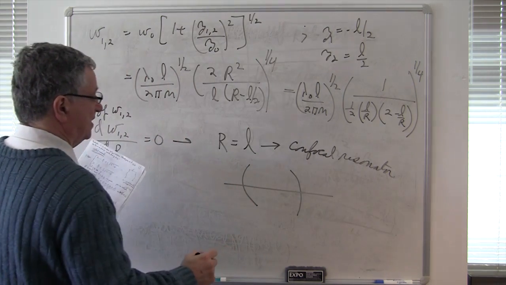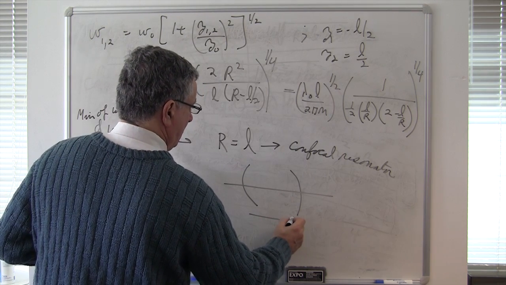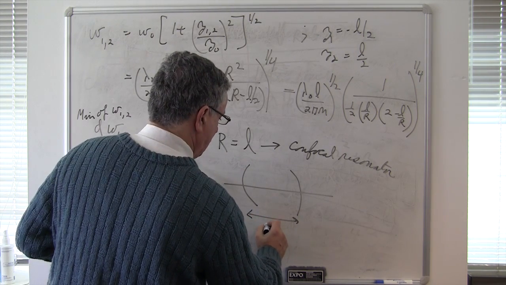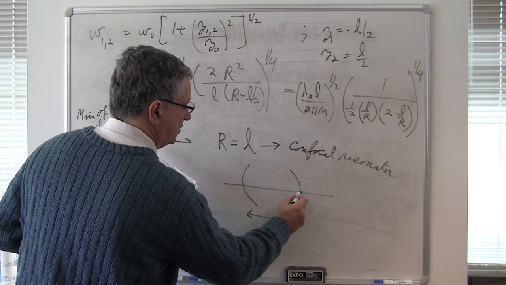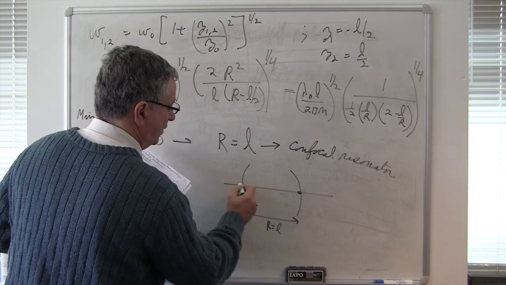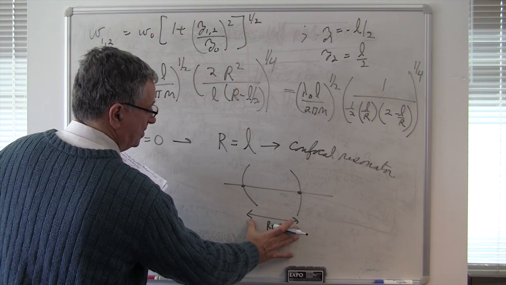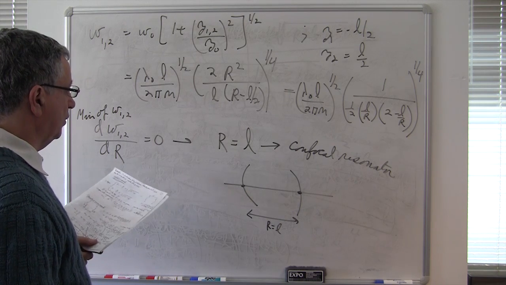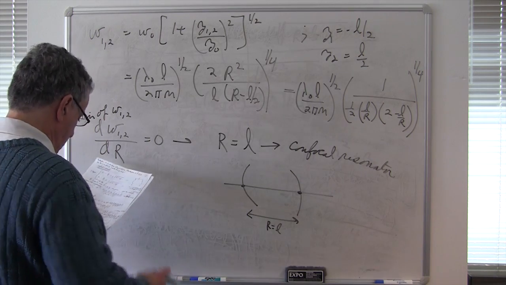So these two mirrors are the same, and when the separation here is given by, when R is equal to L, is given by the radius of curvature of these mirrors. So for instance, this mirror has this radius, the center of curvature here, and this mirror has its center of curvature here. So that R, the separation between the two mirrors, is just given by L. So in that case, this is what we call a confocal resonator, and what we found is the spot size is minimum on these mirrors.